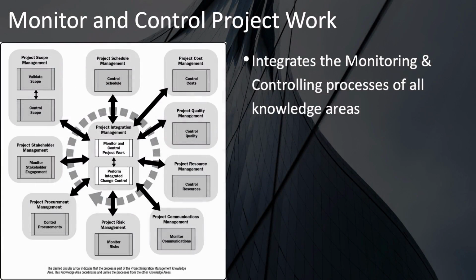As with direct and manage project work, monitor and control project work integrates all of the monitoring and controlling processes of all of the other knowledge areas. In this case, however, it doesn't have scope, schedule, and cost integrated as part of it, but along with the other groups, all of the other knowledge areas, they're all integrated by monitor and control project work.